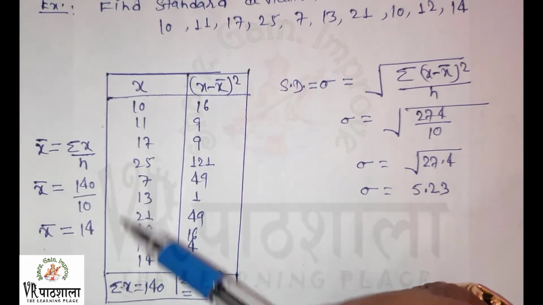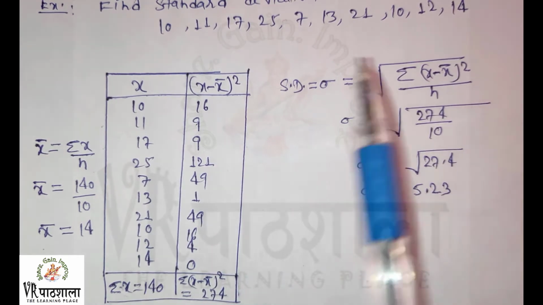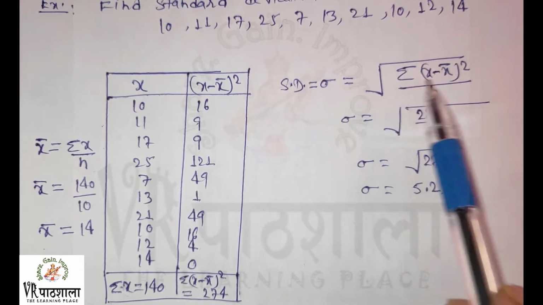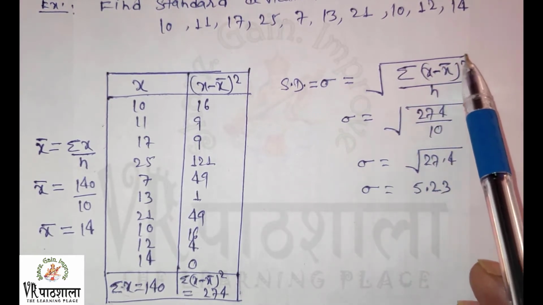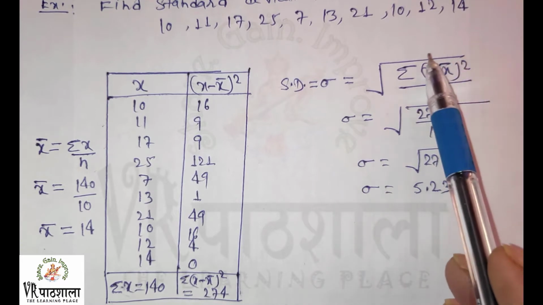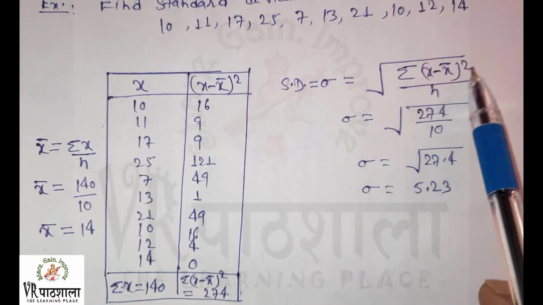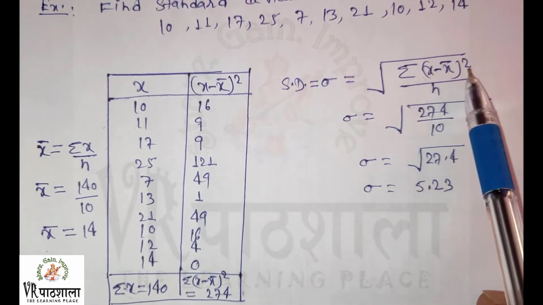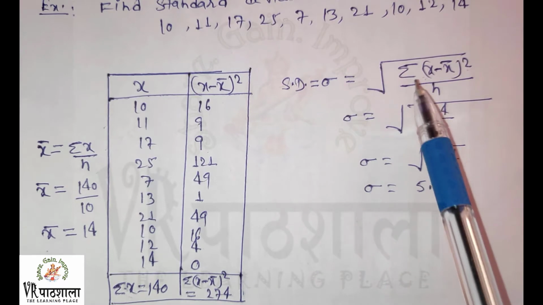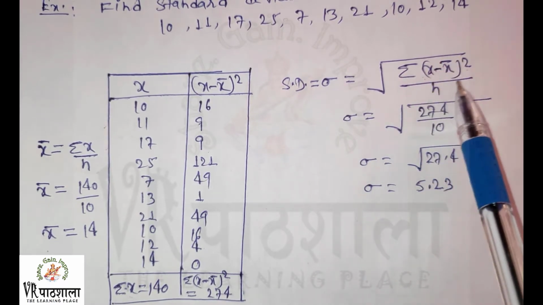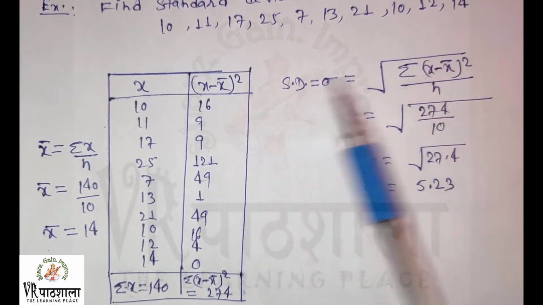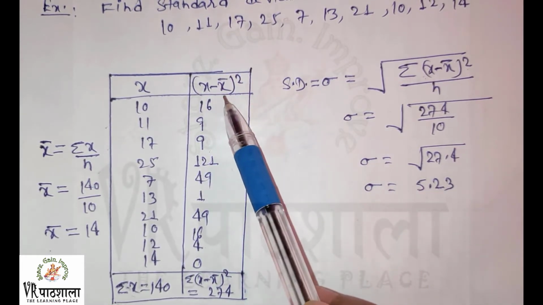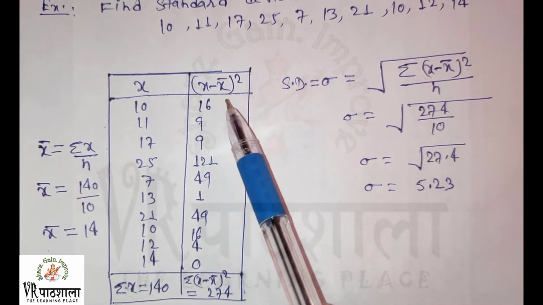From the formula of standard deviation, the summation lies on (x minus x bar) square, so we need a column (x minus x bar) square in the table. For this we need x bar, the mean, so first we calculate the mean.